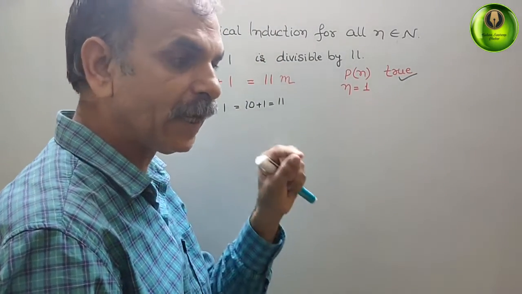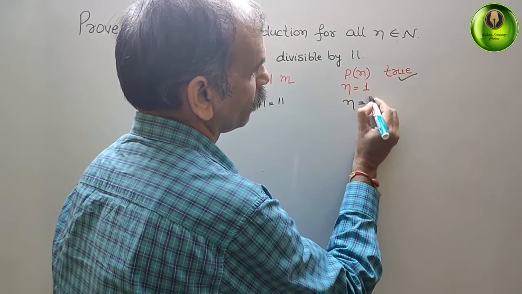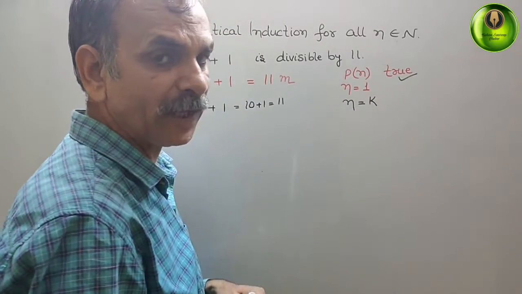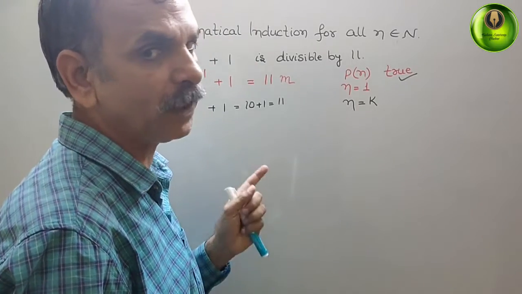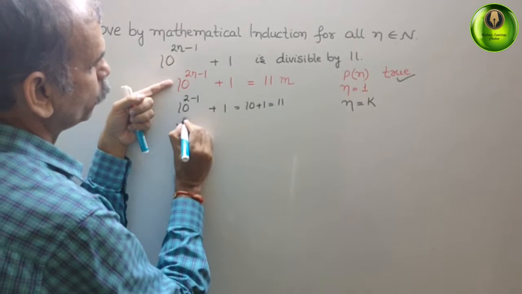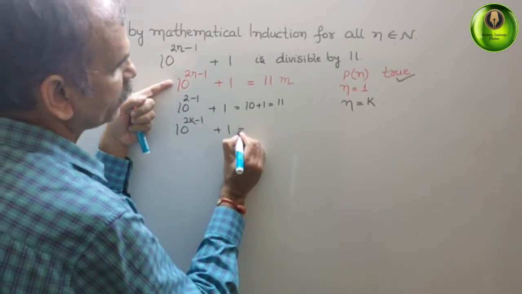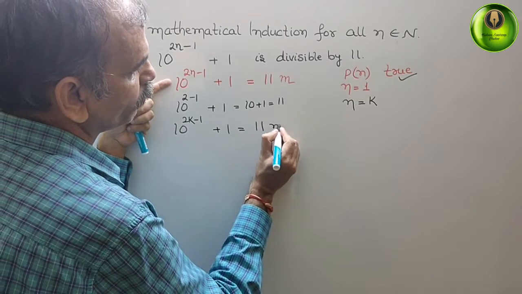Now we will take n equal to k. If you take n equal to k, here 10 to the power of 2k minus 1, plus 1, we can say is 11m.